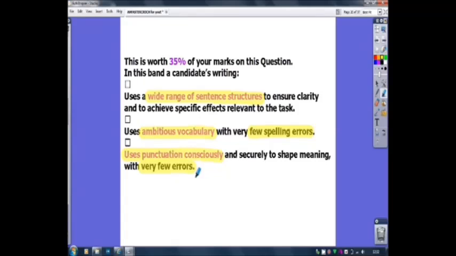And the other part of this is, if you're striving to use sentences that use different sorts of punctuation, they will be much more interesting sentences. Your writing will sound much better, and consequently you'll get much higher marks, even if, and remember this, even if you make mistakes. A-star writing is not about perfection.